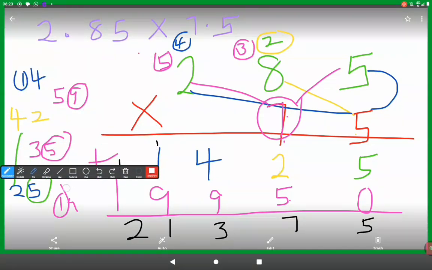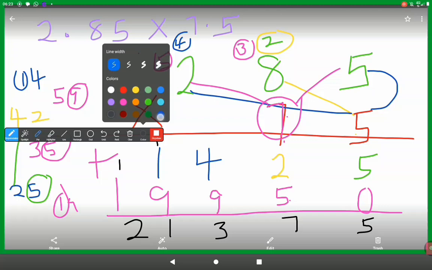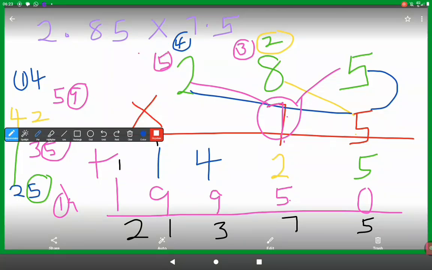How do I locate my decimal point? Alright, you go back to the question whenever you want to locate your decimal point. How many decimal places is this question? This is just 2 decimal places because there are 2 digits after the decimal point. This is 2 decimal places, and this is 1 decimal place because there's only 1 digit after the decimal point.